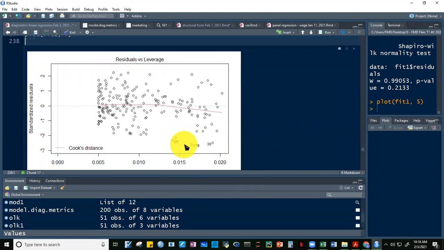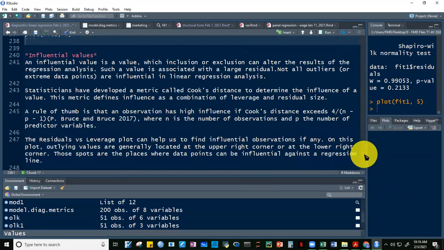So bida talaga si 26, 179 at saka si 36, medyo malayo sila. So these are possible candidates for outliers, leverage, and influential data point.